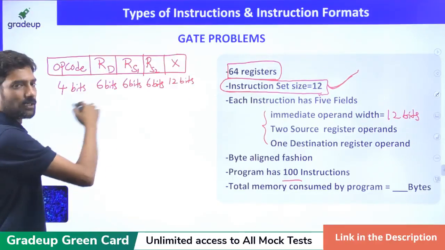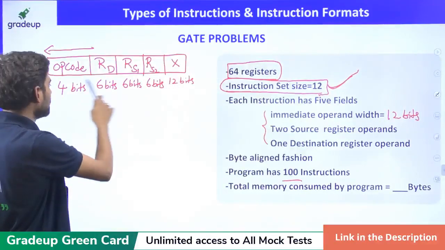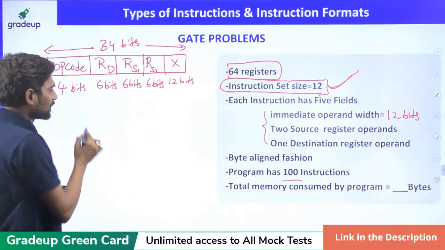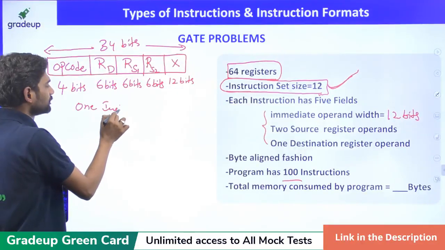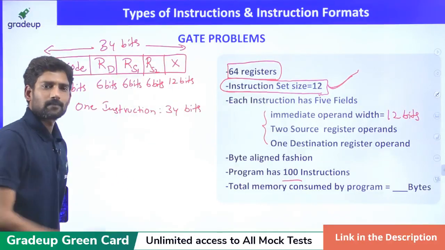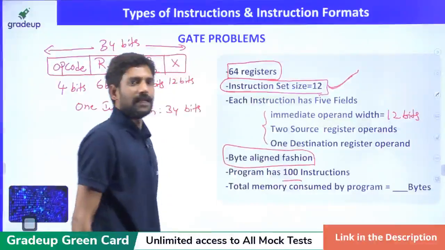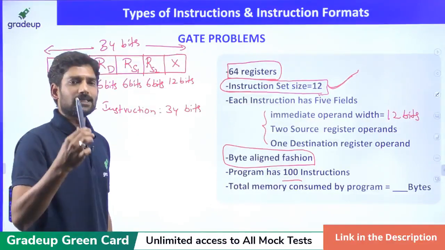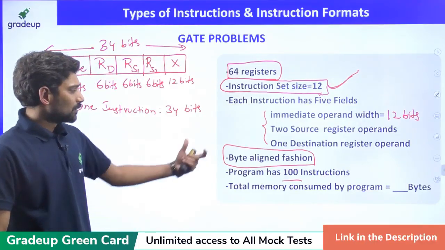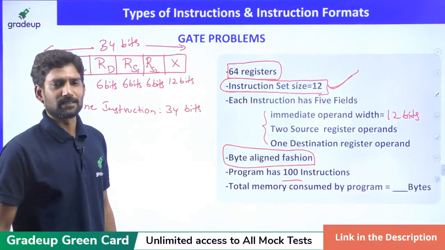Now if you count the total length of instruction: 18 plus 12, 30 plus 4, 34 bits. So one instruction requires 34 bits. And it is given every instruction is stored in byte aligned fashion. Shweta Pandey, listen please. What does byte aligned mean?